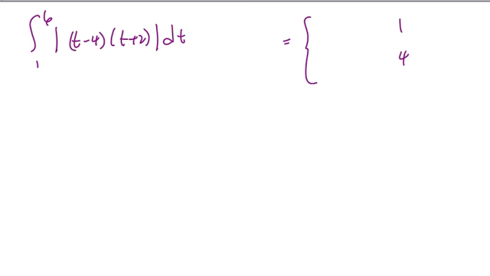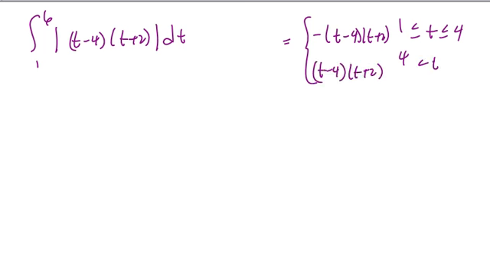So it's negative t minus 4 times t plus 2 between 1 and 4, and between 4 and 6 it was the positive one.